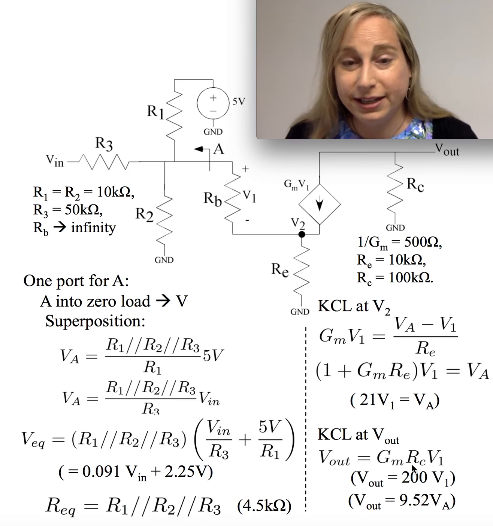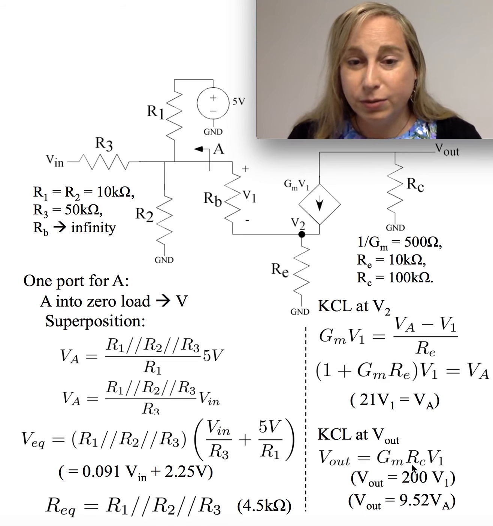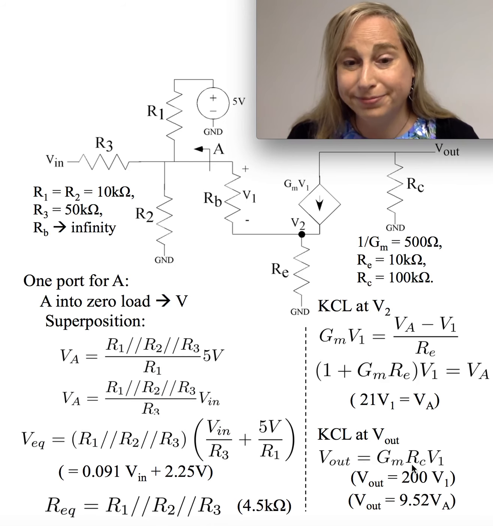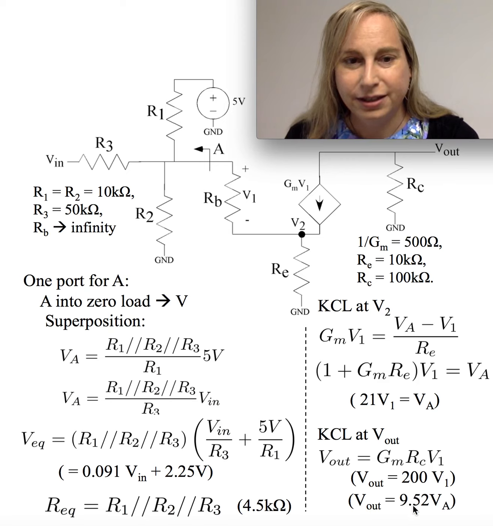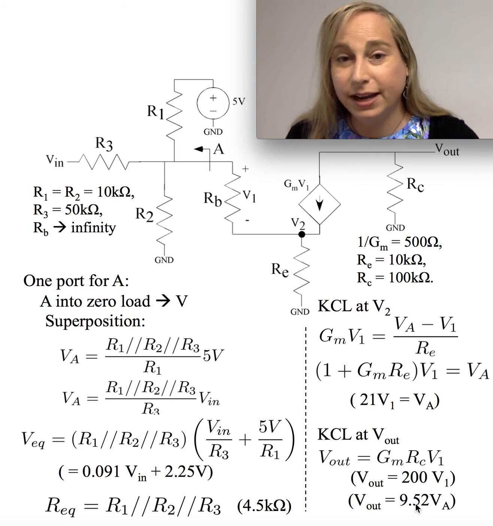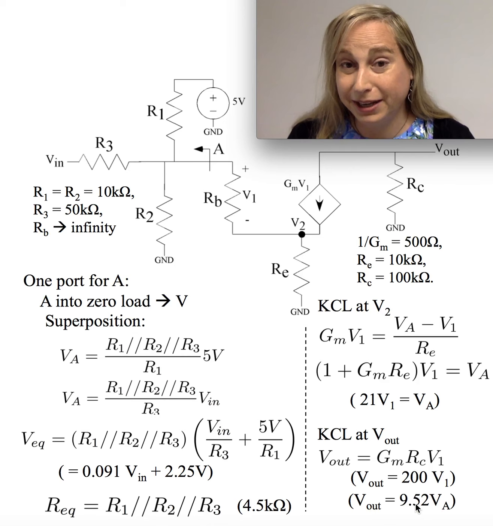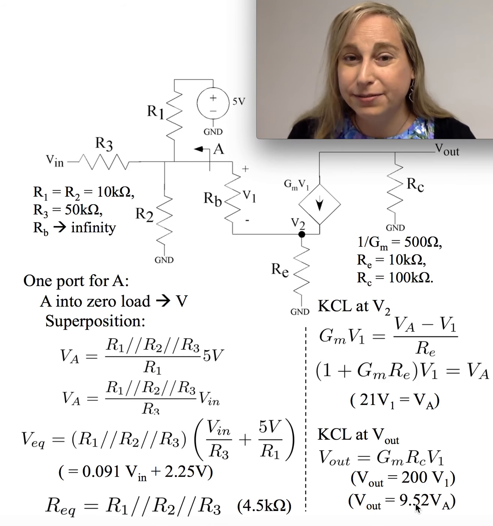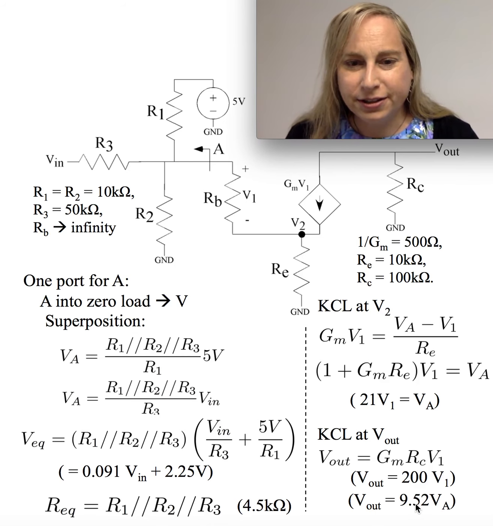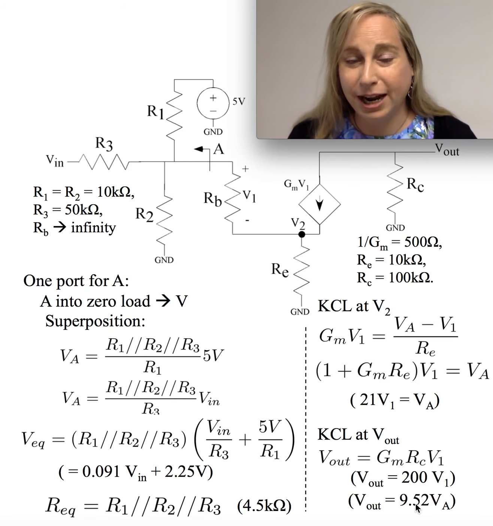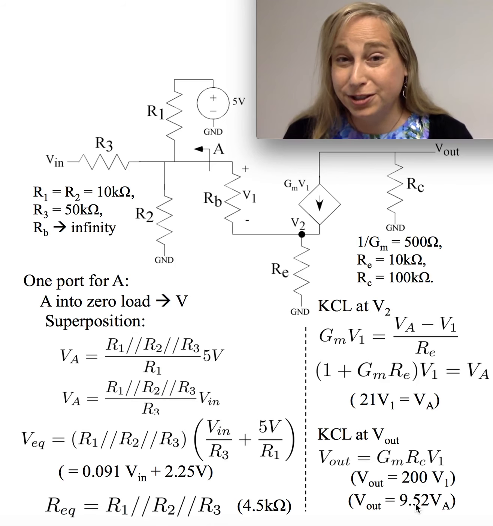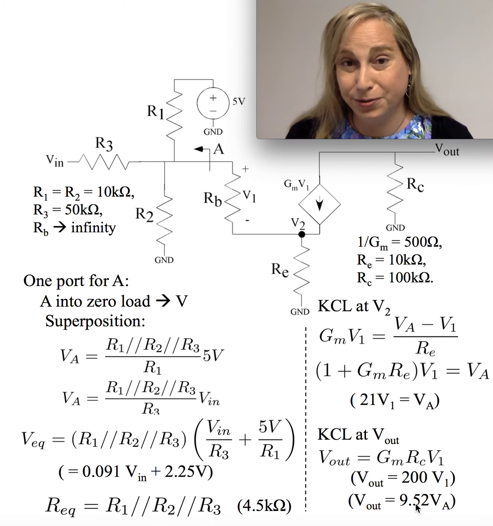What I would find is a gain of about 200. And as a result, in magnitude, my V out is going to be related to about 9.52 of VA. Again, this is in magnitude; the signs are actually negative. And I could look at this all the way from V in, which is interesting because it basically means from input to output in this particular structure the gain is just slightly under 1.